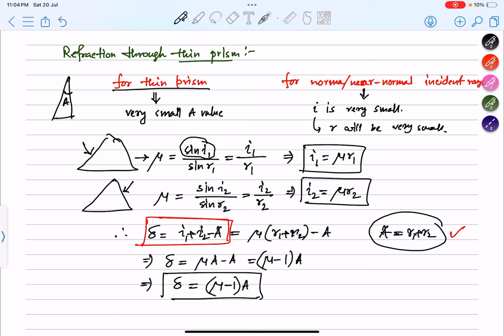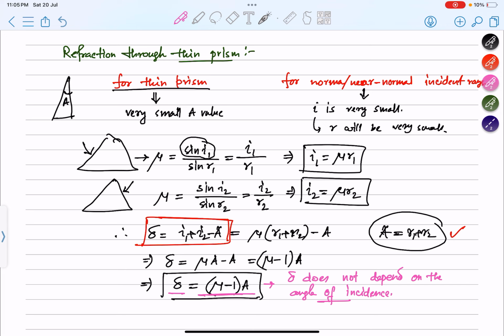So for near normal incidence, the deviation produced by a thin prism is independent of the angle of incidence and is constant for a given thin prism. It is a very important finding that delta does not depend on the angle of incidence. How do I find that? Because delta does not have I1 here.